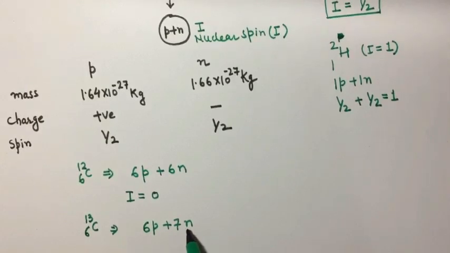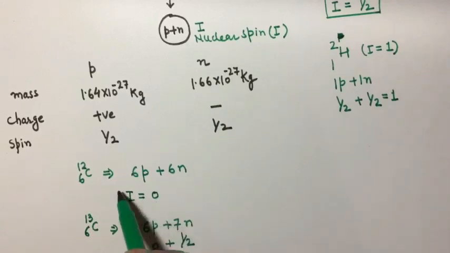Similarly, of the 7 neutrons, 6 combine and cancel out their spins, but one unpaired neutron has a spin value of 1/2. So from the protons we have 0, and from the 7 neutrons we have 1/2. So I is equal to 1/2 for this 6C13.